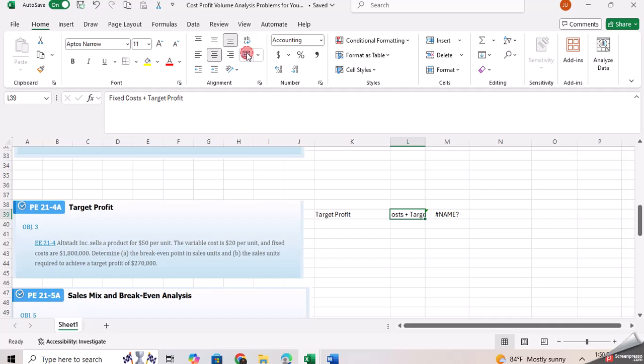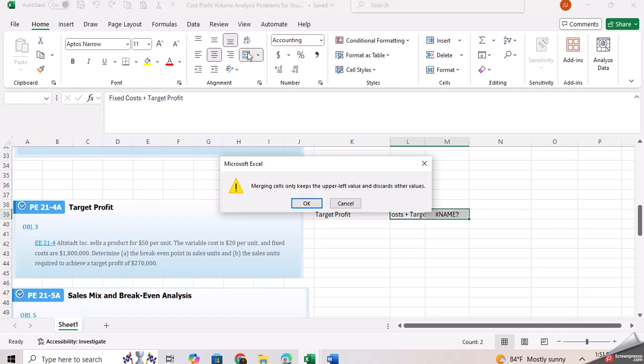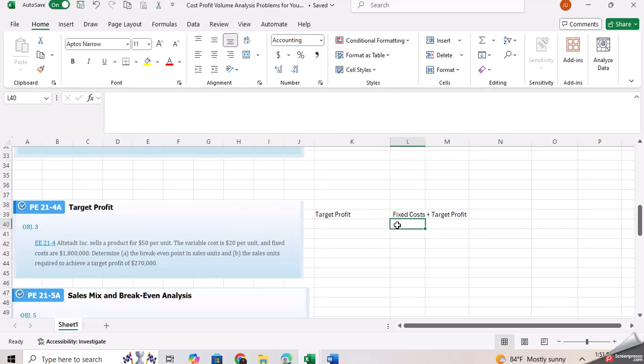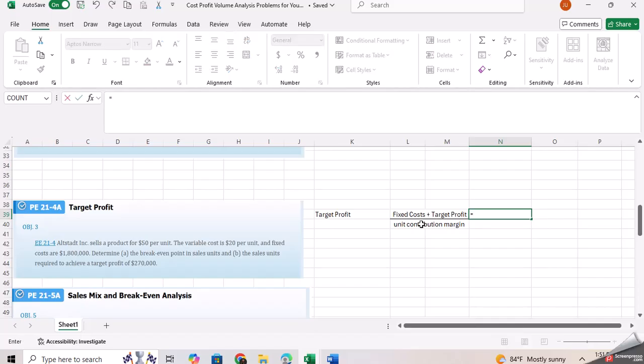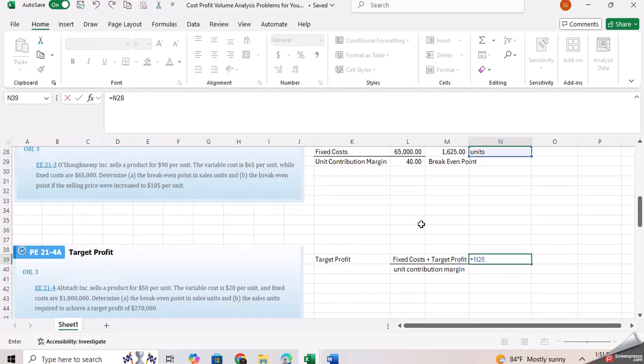And then we will merge those. Okay. And then we're going to divide by the unit contribution margin. So then we'll fill those in. So our fixed costs are 1,800,000.